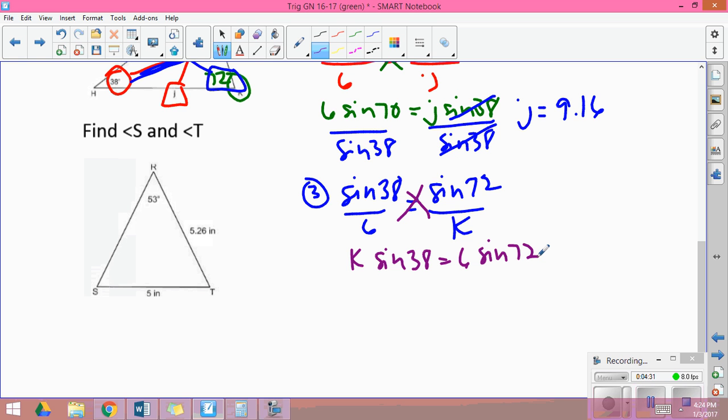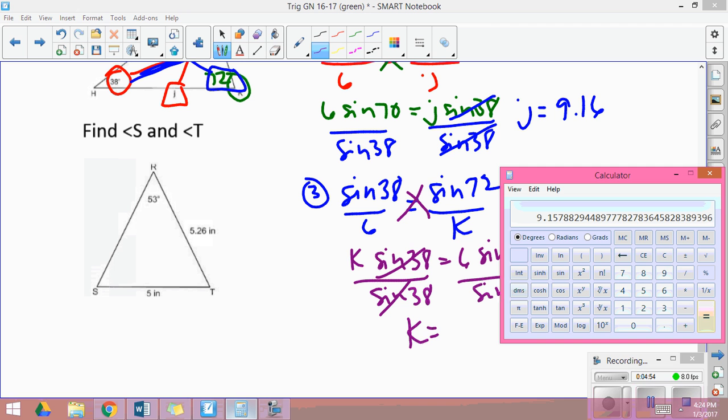Notice I always put that constant out in front of the trig ratio, and that's so that there's never any confusion what the size of the angle is. It's not a 72 times 6 angle, an order of operations problem. So divide by the sine of 38. That cancels.